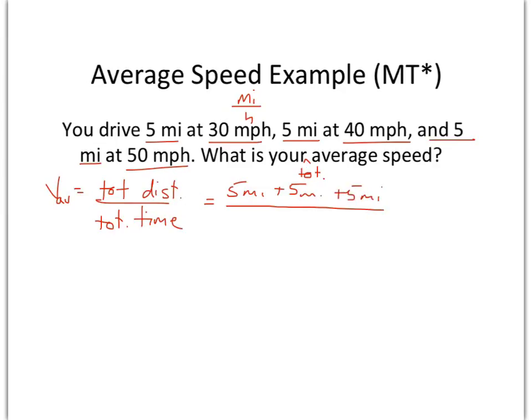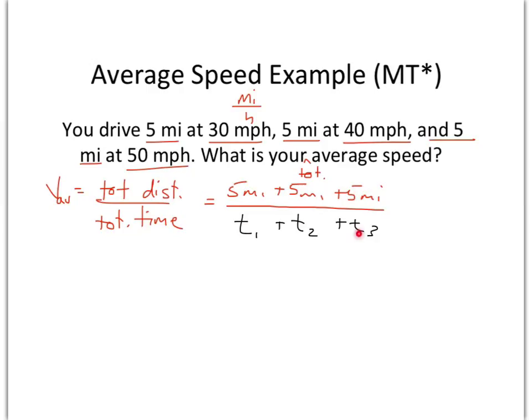The problem is we don't know the amounts of time spent at these different speeds. We need to know time 1 plus time 2 plus time 3, which is what we're solving for. We have three different distances, 5, 5, and 5, that's easy, but these three different times we do not know.